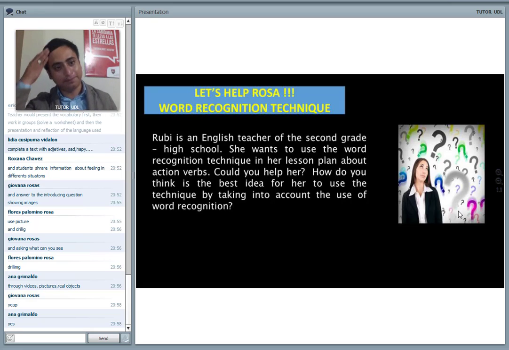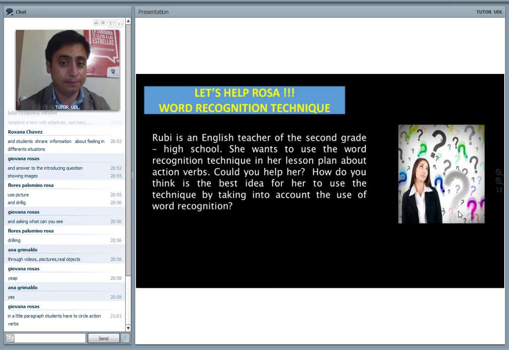Don't you have any ideas? I would like to see your ideas, please. No? How can she use that word recognition technique?